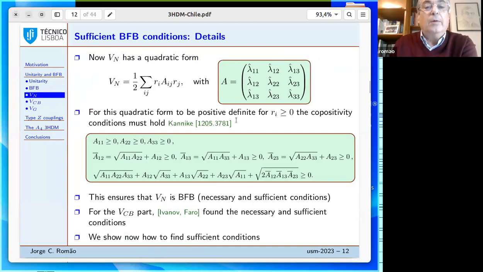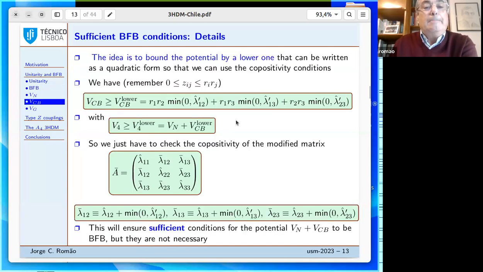Now you have this quartic part, which is the sum of the neutral part and the charge breaking part, and you bound it by this expression, by this potential.